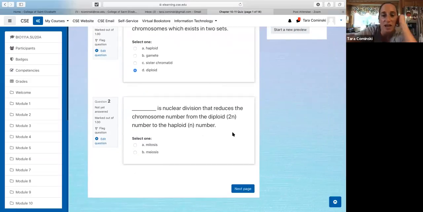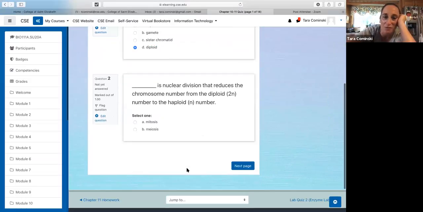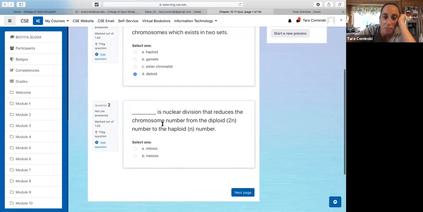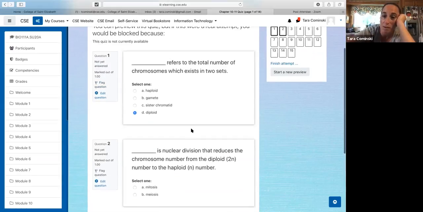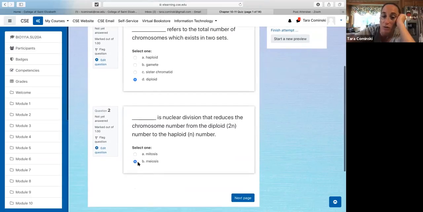Blank is the nuclear division that reduces the chromosome number from the diploid 2n number to the haploid number. Remember, this doesn't happen in mitosis. That only happens in meiosis. So you're starting with a diploid cell, but you're ending up with haploid. Why? The sperm and the egg cells are haploid, so that when the zygote forms, you then have a diploid cell.